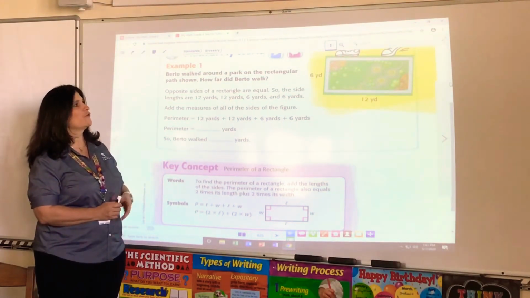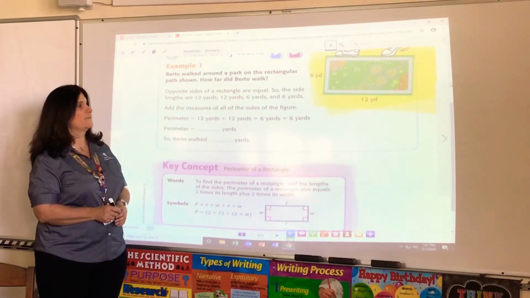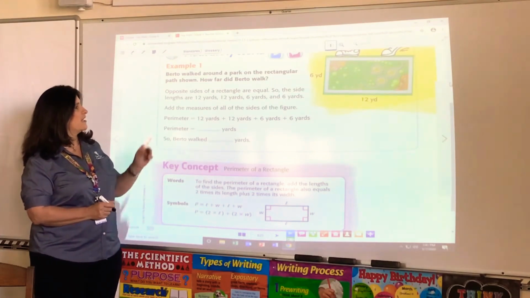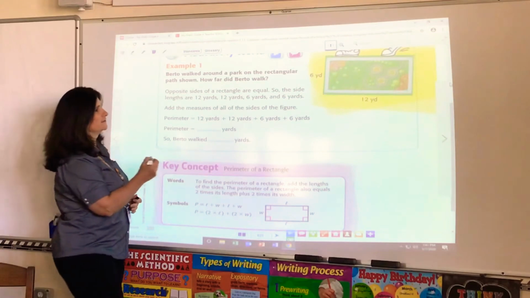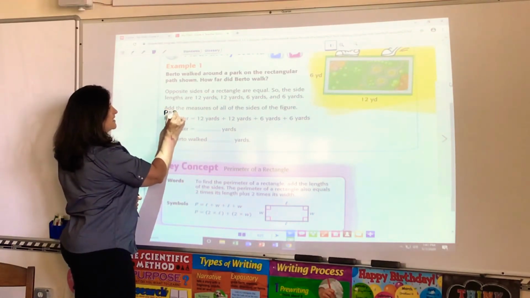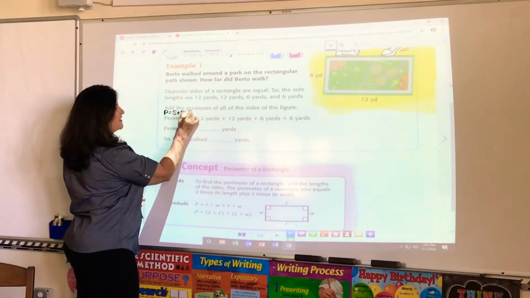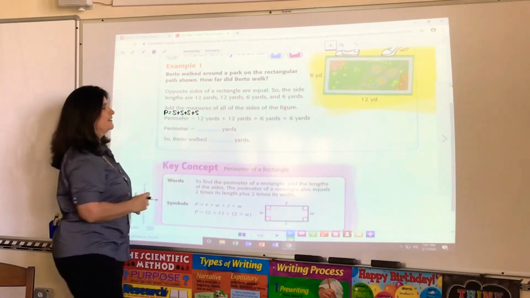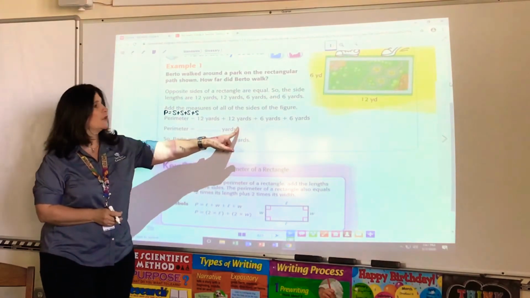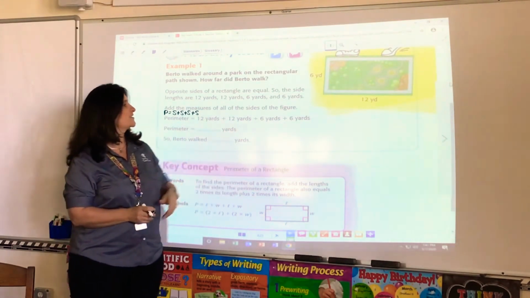Add the lengths of all the sides of the figure. That is one formula that you can do, okay? Which is, I'm going to put here, perimeter equals side plus side plus side plus side, okay? So if we have perimeter equals 12 yards plus 12 yards plus 6 yards plus 6 yards.